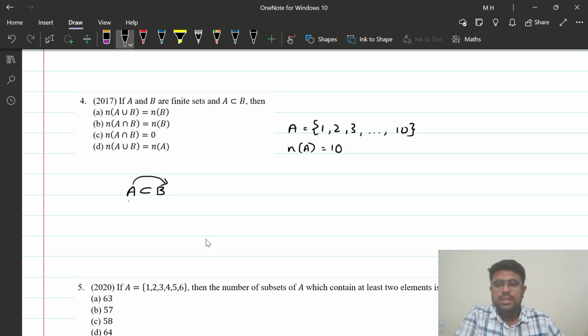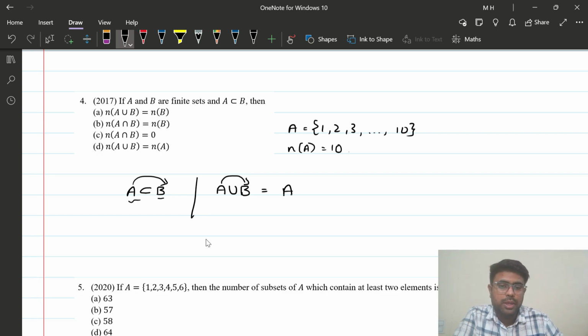See here it is given that A is a subset of B. That means all the elements of A are in B. So, since all the options are in terms of union and intersection, if I take A union B, what is going to happen? A is a subset of B, so all the elements of A are in B. What is A union B?